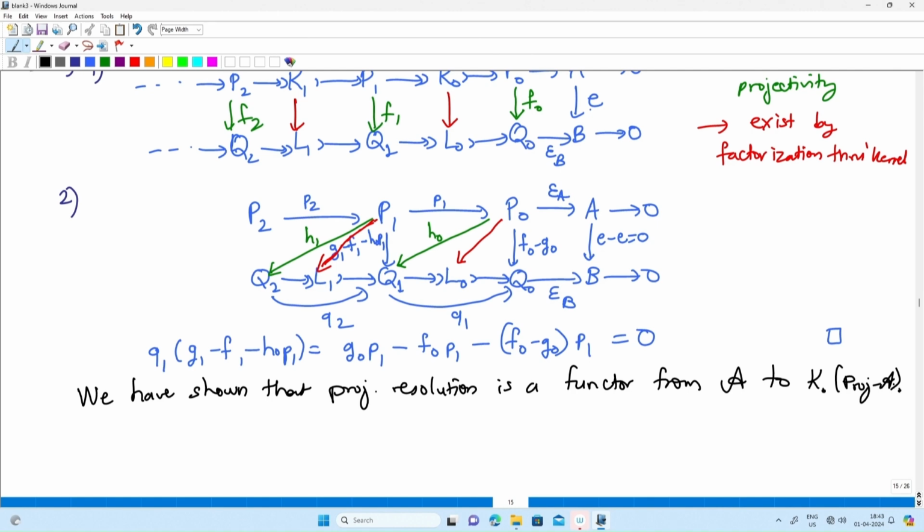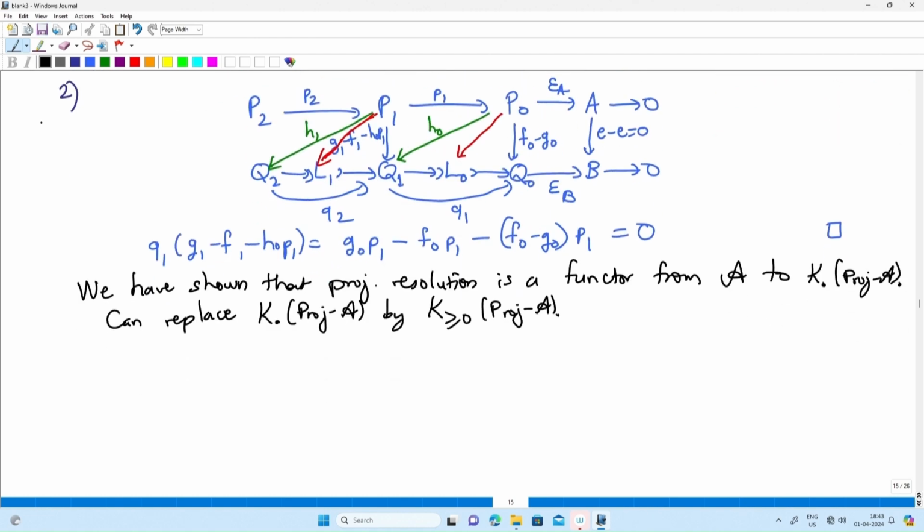So we can replace K dot of proj A by K bigger equals 0 of proj A. Okay, so we are landing inside something very specific.